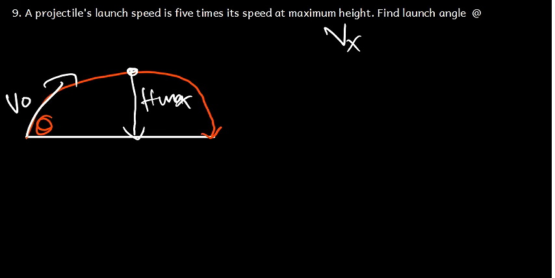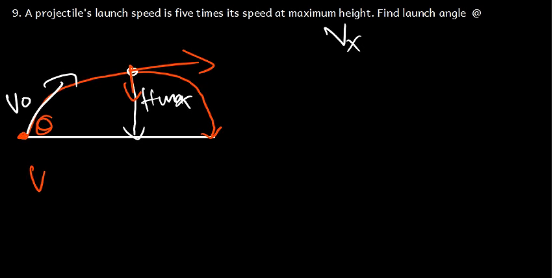So at maximum height vy is 0, but vx stays the same, which is v initial cos theta.